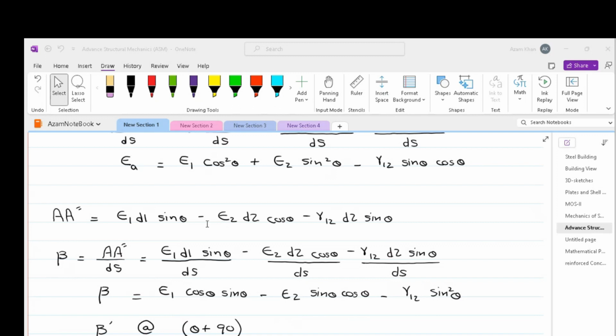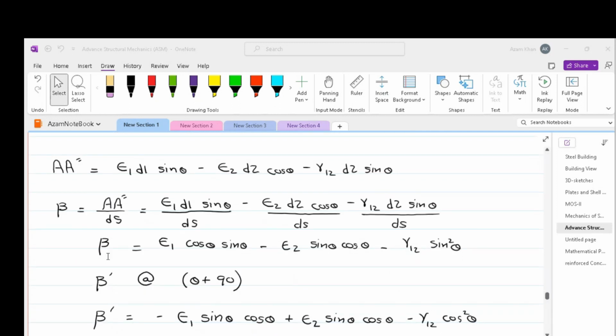Once this is found, again we can divide this whole expression by ds and plug the values of d1 by ds and d2 by ds. We get beta equal to strain 1 cos theta sine theta minus strain 2 sine theta cos theta minus gamma 12 sine square theta.